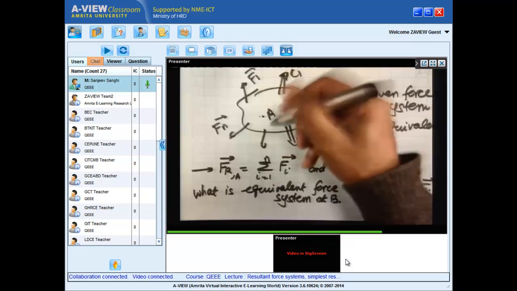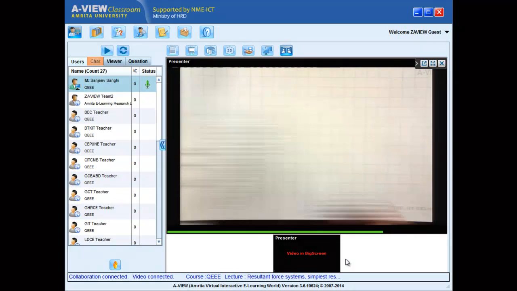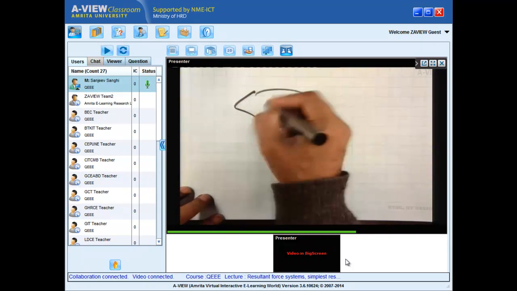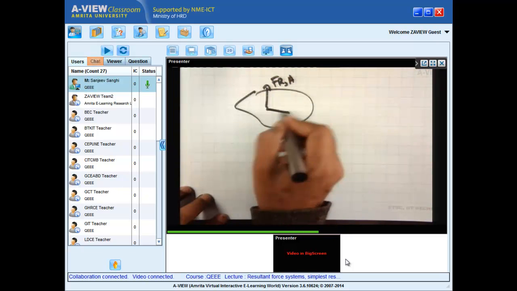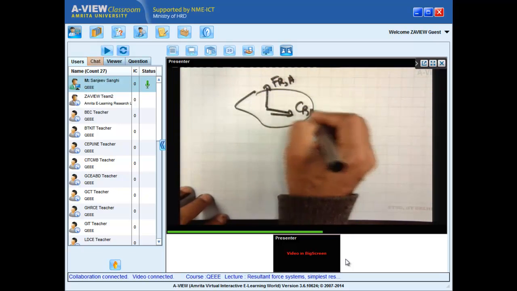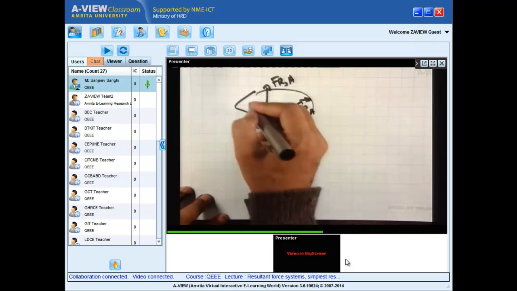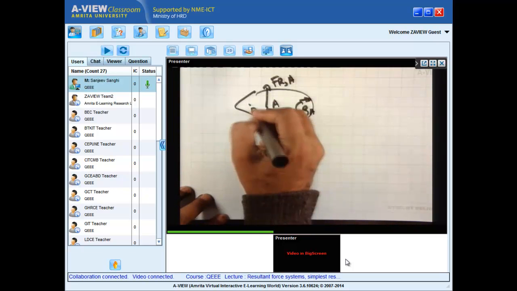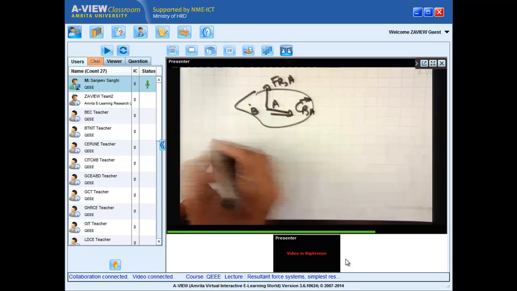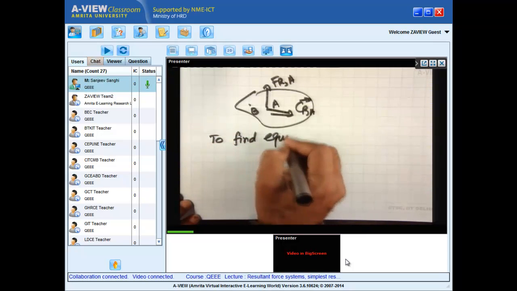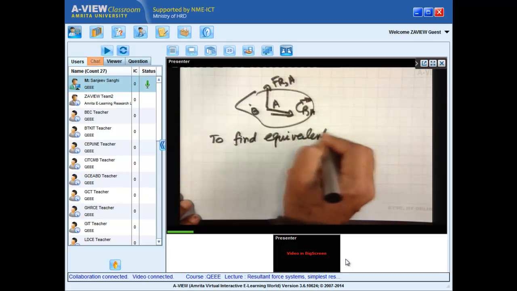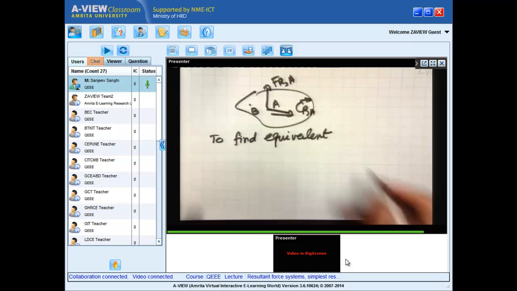Well, what we have shown is at point A, we have Fr at A and we have Cr at A. Now, I want to find the equivalent at B. I do not need to calculate the summations again.